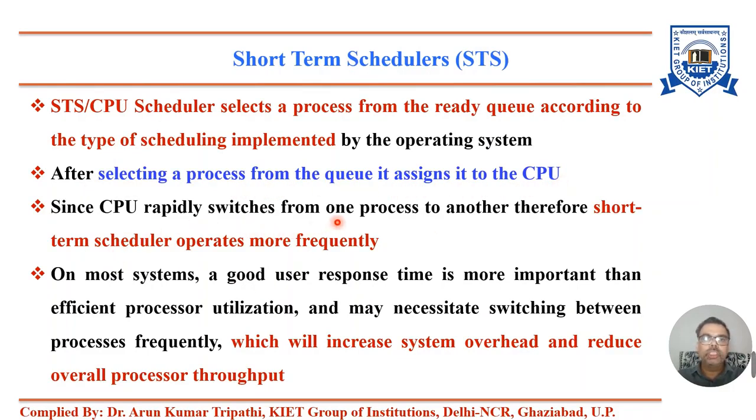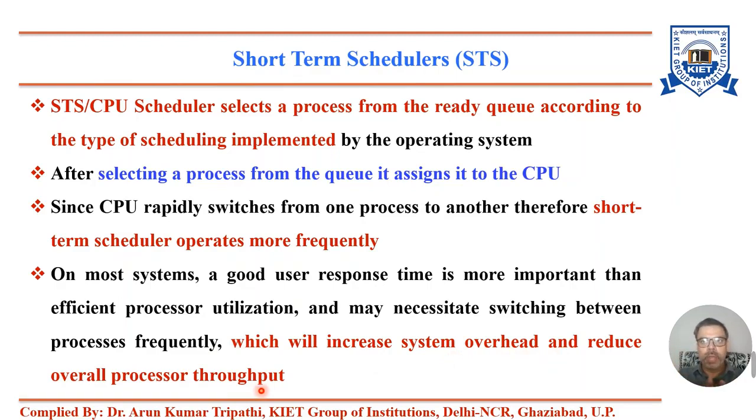Since the CPU rapidly switches from one process to another, the short-term scheduler operates more frequently, because context switching takes place from one process to another. On most systems, good user response time is more important than efficient processor utilization and may necessitate switching between processes frequently, which will increase the system overhead and reduce the overall process throughput.